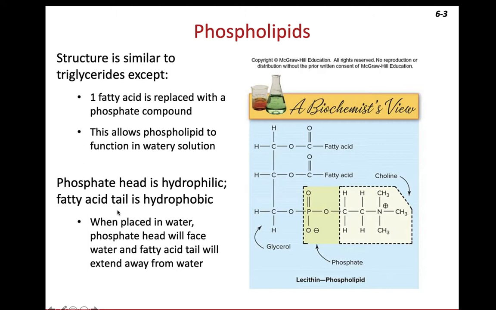Phospholipids actually have one end that's polar, and the fatty acid tails are nonpolar. So the phosphate head is hydrophilic, and the fatty acid tail is hydrophobic. When placed in water, the phosphate head will always face water, and the fatty acid tail will extend away from water. Here we can actually see lecithin, which is a really good example of a phospholipid.